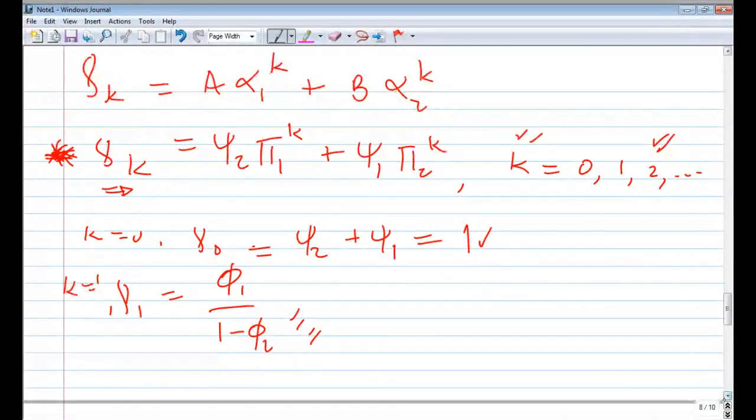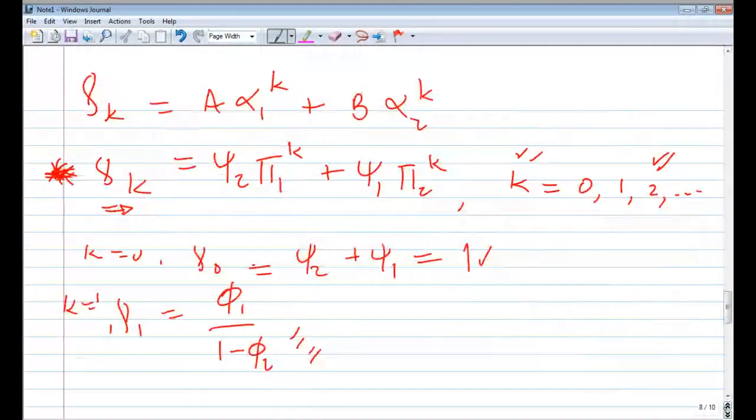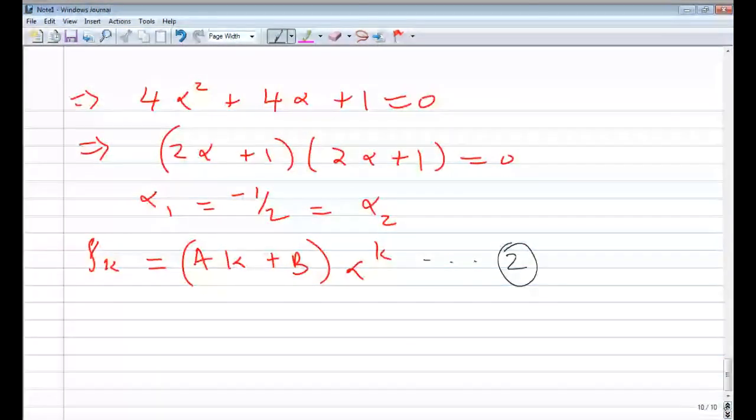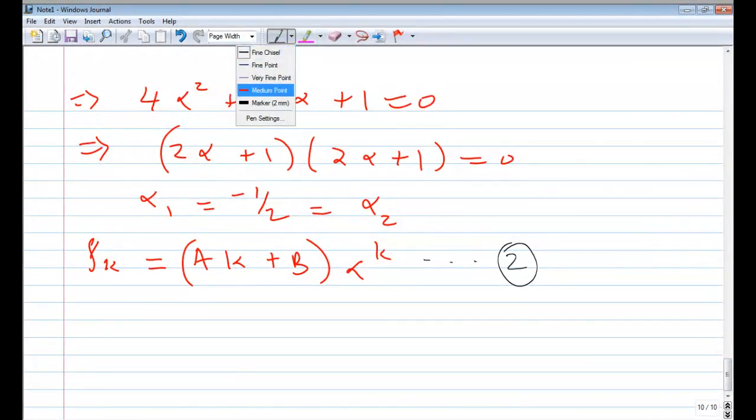Yes, this is equation number 2. When you are here now, what do you do? From equation number 2, you let K to be equal to 0, isn't it?